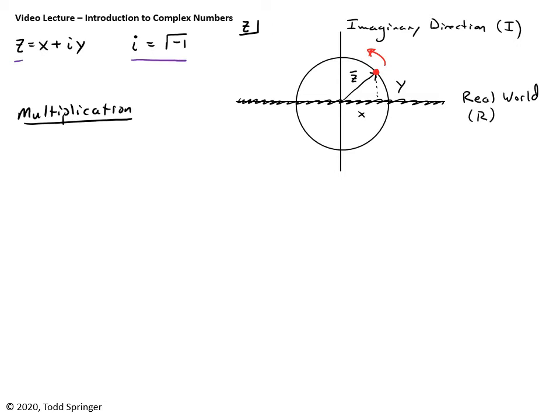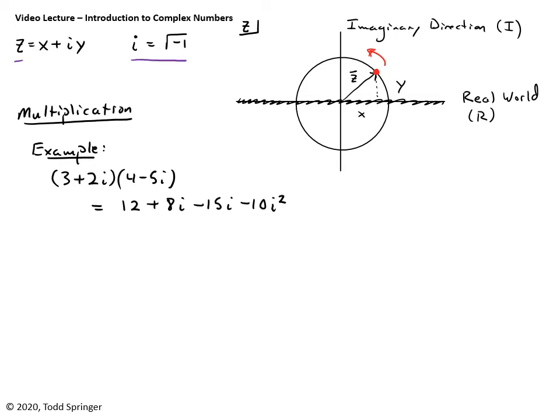So for example, very straightforward example, let's take 3 plus 2i, it's a complex number, times 4 minus 5i. And you multiply it out just like you normally would. So there it is. And then I just have to remember that i squared is -1.